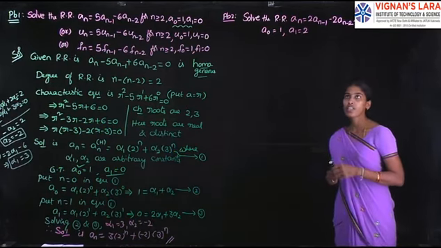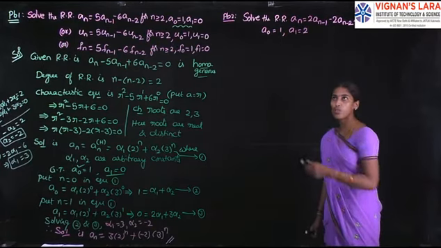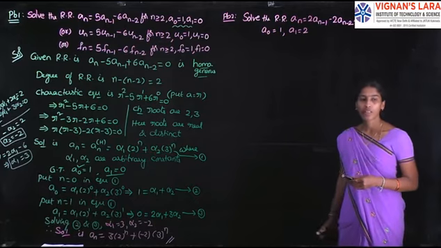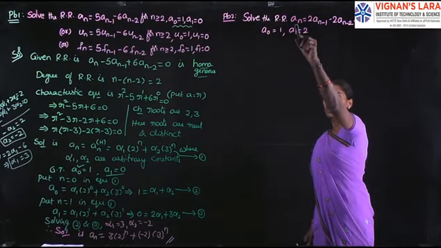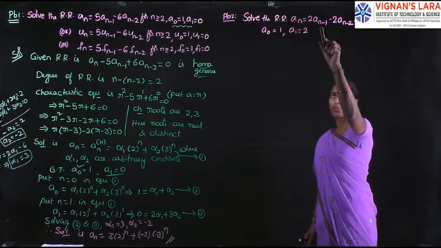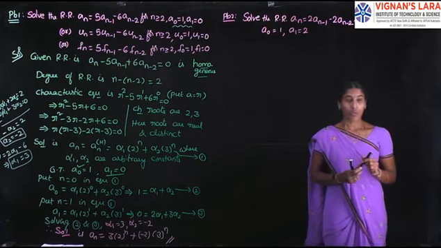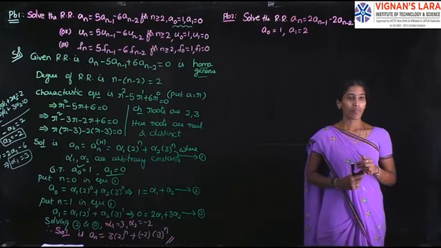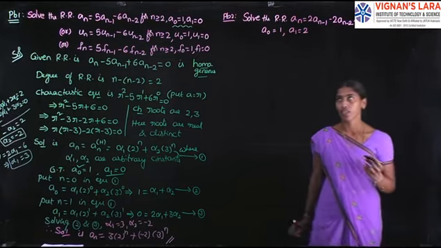Solve the recurrence relation a_n is equal to 2 a_(n-1) minus 2 a_(n-2), a0 is equal to 1, a1 is equal to 2. In this given recurrence relation, first term contains a_n, right side also both the terms consist of a_(n-1) and a_(n-2). So no term which contains only a function of n, or only a constant, therefore it is a homogeneous recurrence relation.